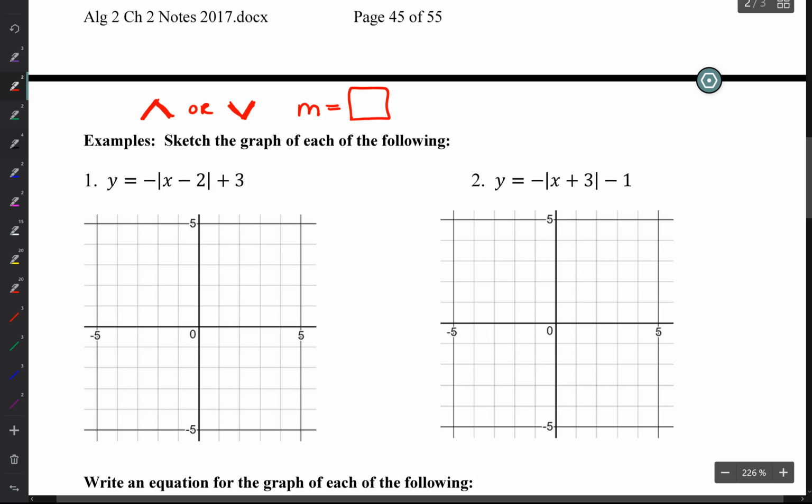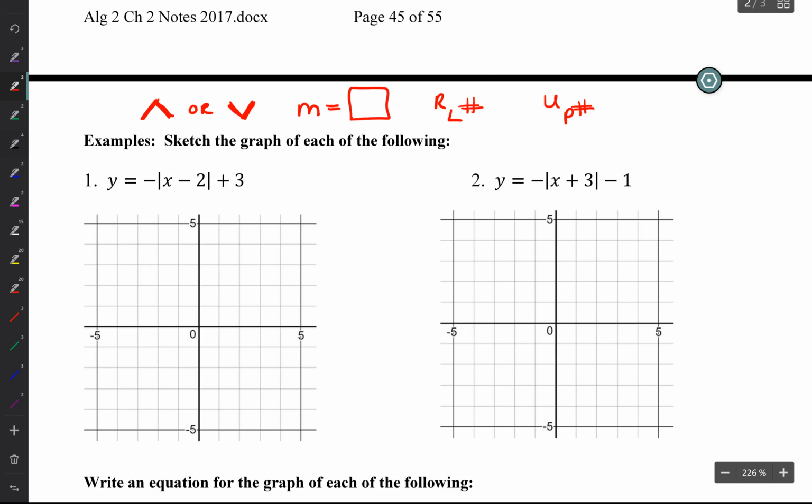We're going to characterize them by the fact, does it go right or left a certain number? We're going to characterize them by saying, does it go up or down by a certain number? And so we really are just going to have to try to consider all of those possibilities in our problems. So let's look at our first one.